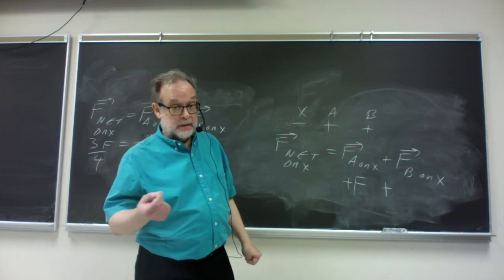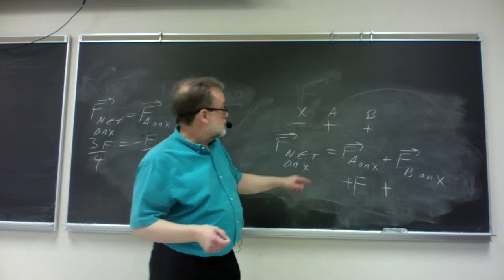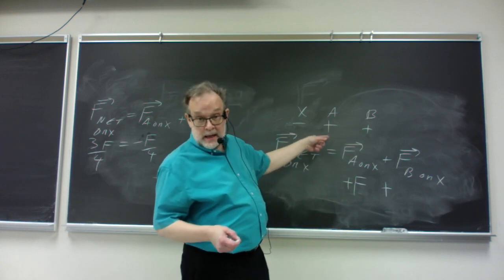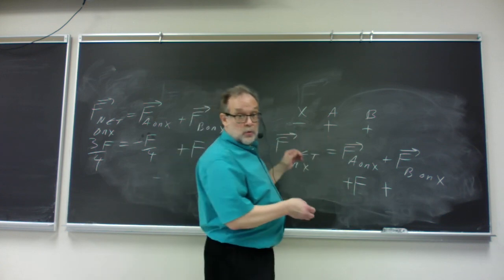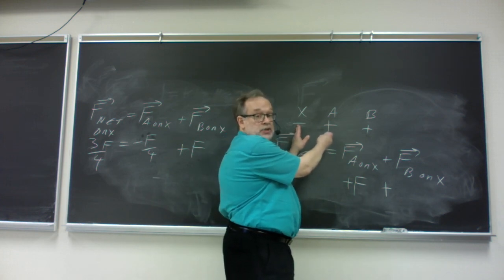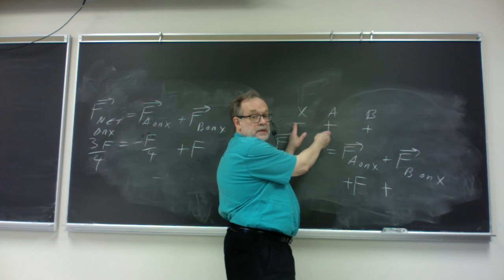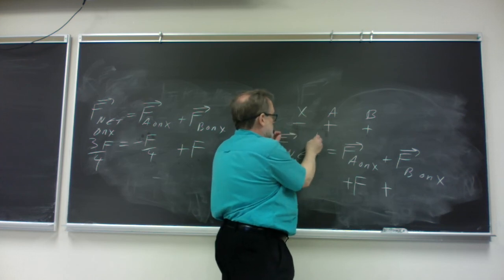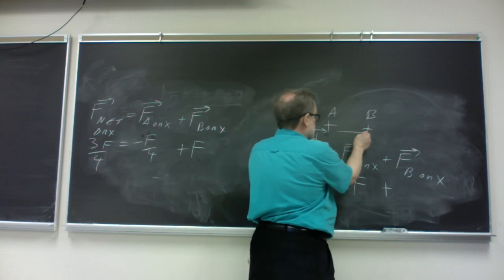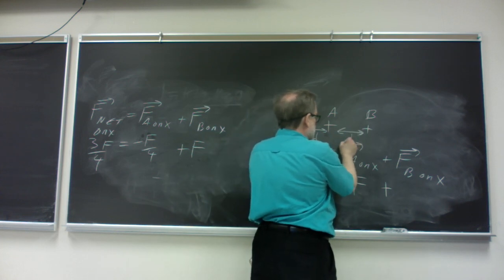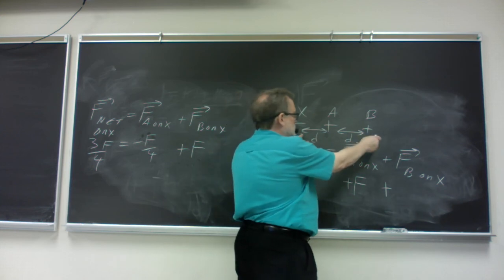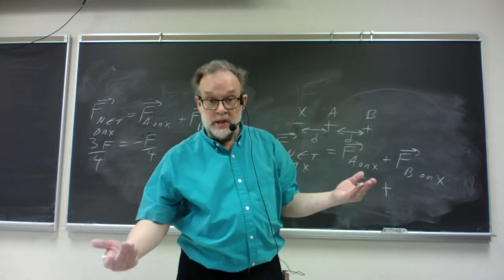And similar to the previous case, B is twice as far from X as A is. So if you say that the distance between X and A is just plain D, and then of course the distance between A and B is also D. The distance between X and A is D. The distance between X and B is 2D.